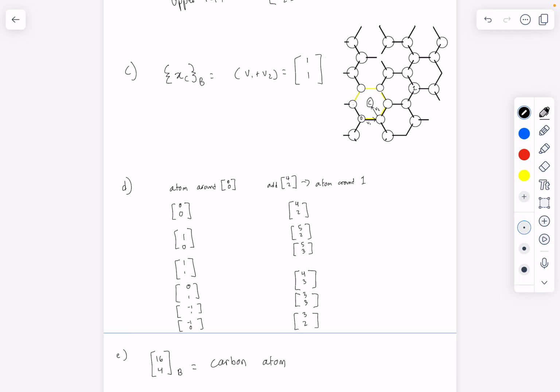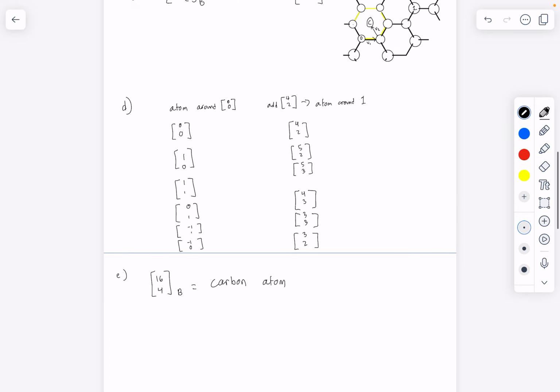And what I found is that if you add 4, 2 to every atom, it will simply transform the vector that starts on the yellow hexagon and go to the gray hexagon. So simply adding 4, 2 to every point will allow us to achieve this. So after that, we get 4, 2, 5, 2, 5, 3, 4, 3, 3, 3, and 3, 2.